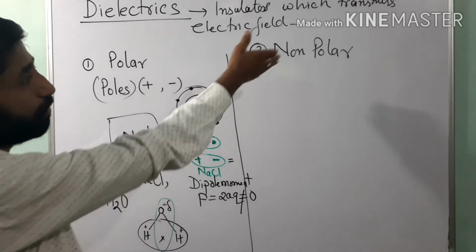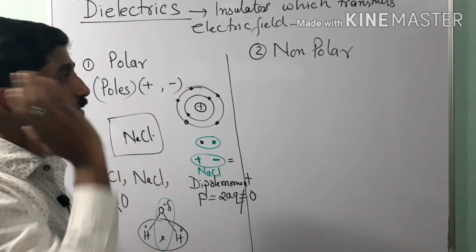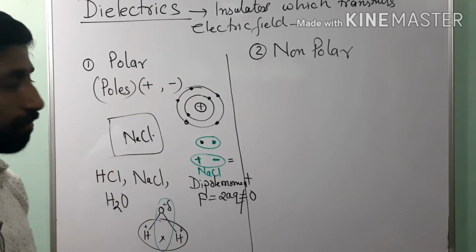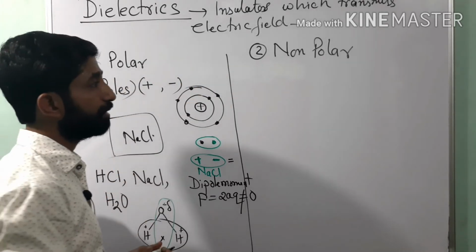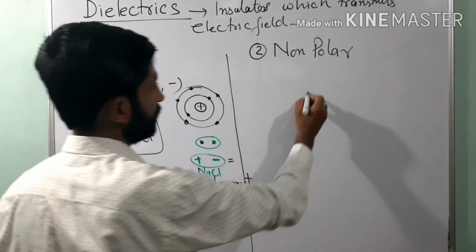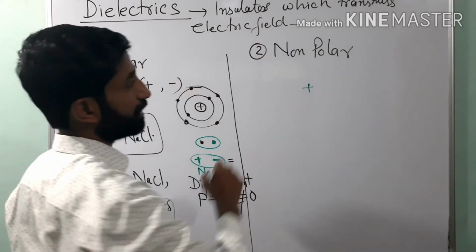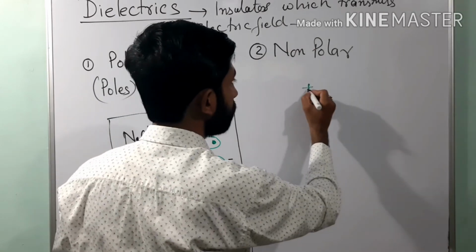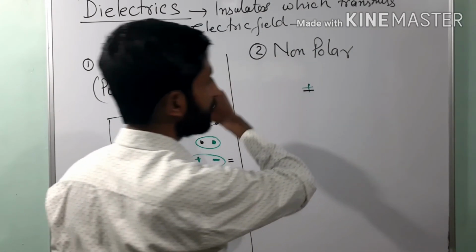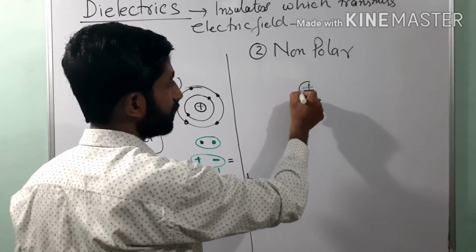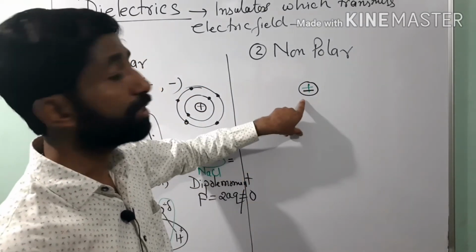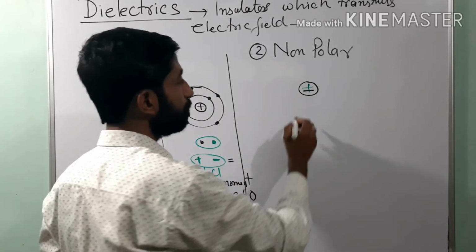Now obviously if I go to the non-polar, you must be able to differentiate between polar and non-polar. All those molecules which have their center of positive charge, say here, and at the same point have a center of negative charge, if the molecules or atoms are of this sort, then they don't have any permanent dipole moment.